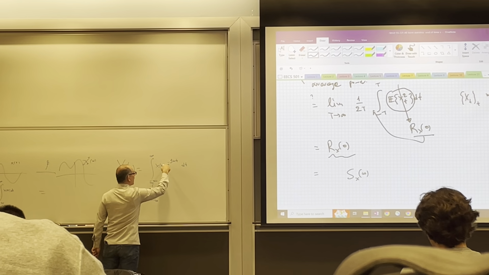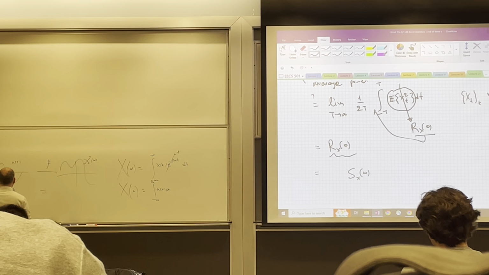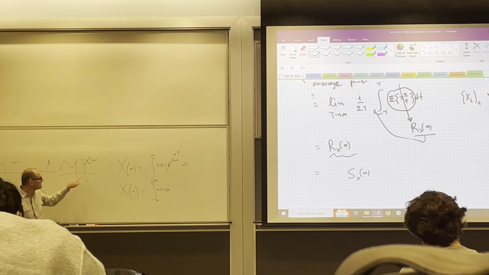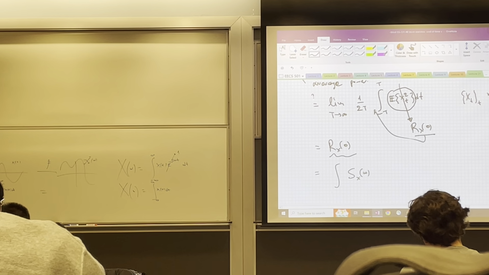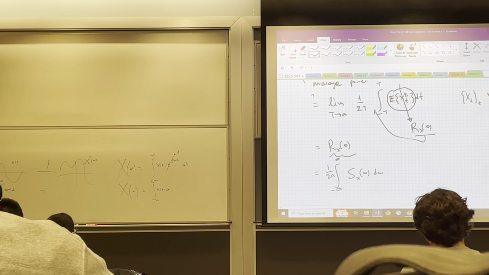Substitute omega equals 0 here. That's 1. So, in other words, the average value in some sense of the signal is the DC component, which is X of 0. So this here says that this is the integral from minus infinity to infinity d omega. There is 1 over 2 pi here because I'm using omega instead of f, but don't worry about it.